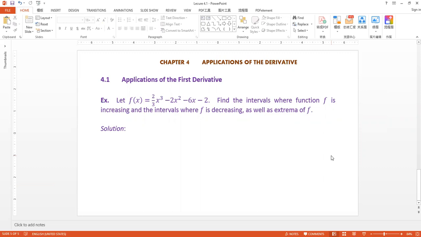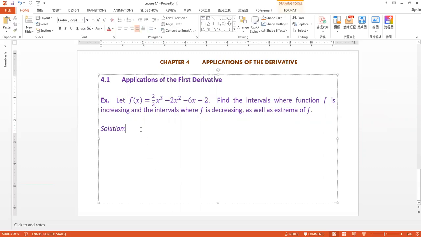And by the way, this chapter is for the applications of the derivatives. In this section, we just use the first derivative test, and in the second section, we're going to do applications of the second derivative.